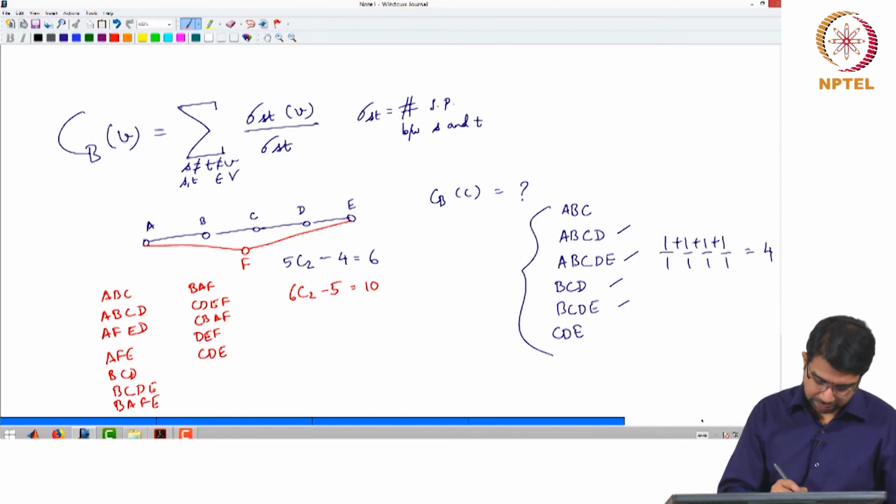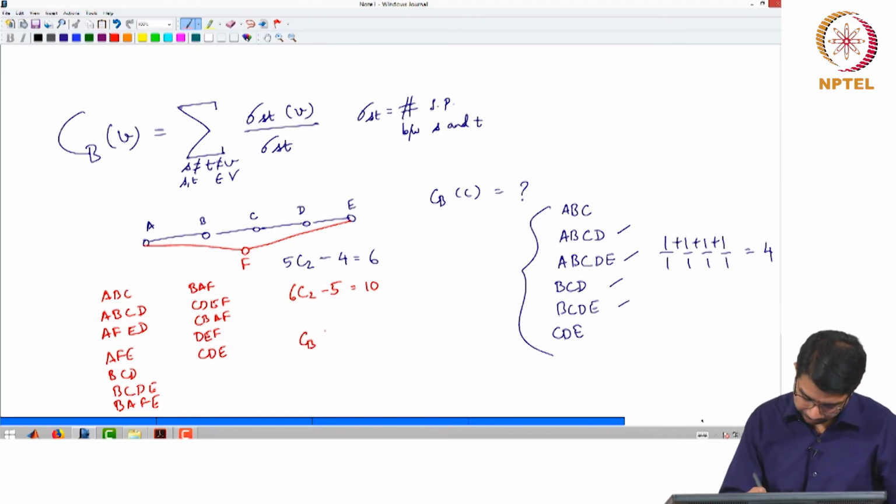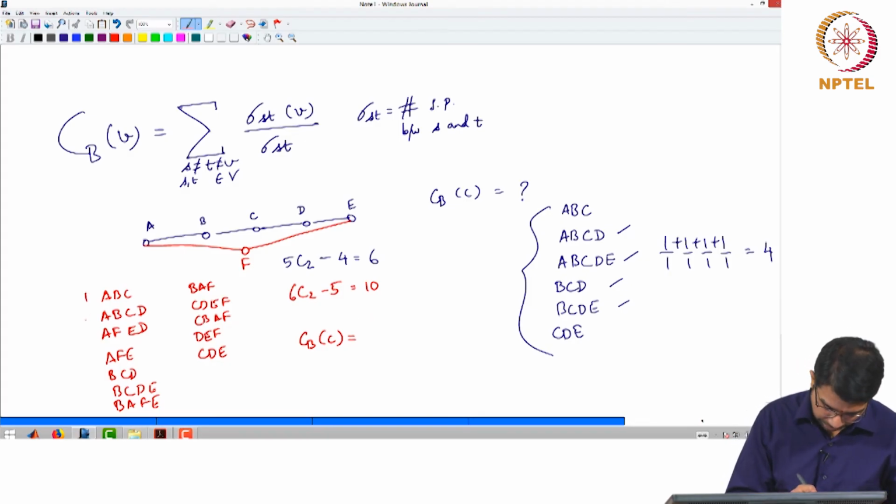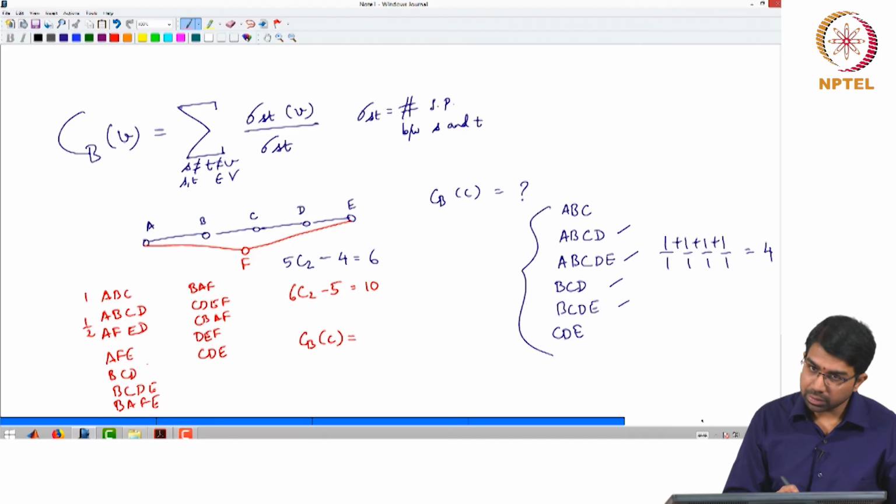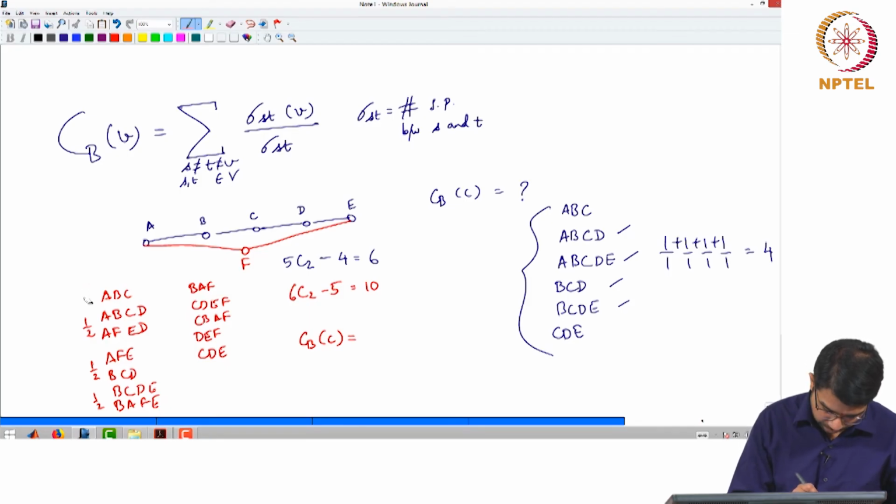But essentially if you now start looking at the betweenness of C, right, it will be 1 plus half plus half plus half. So in fact this is not 1, right.